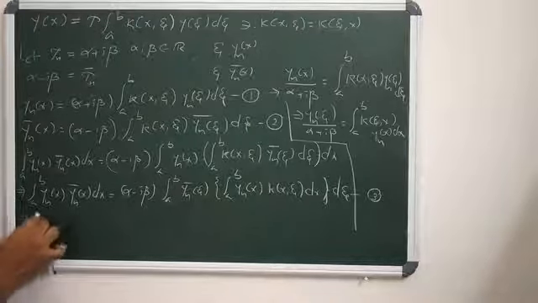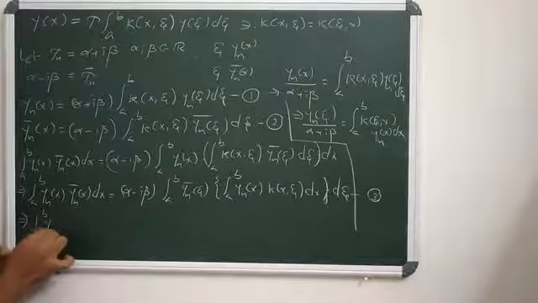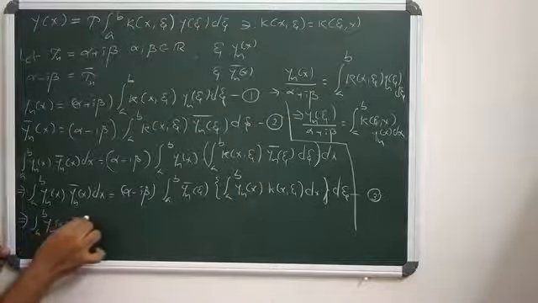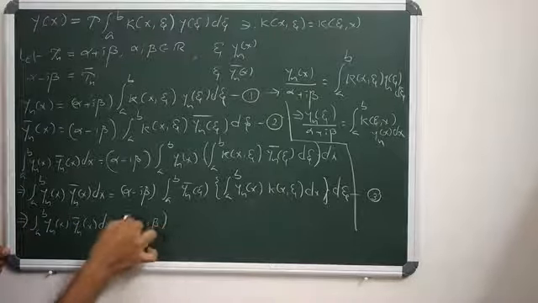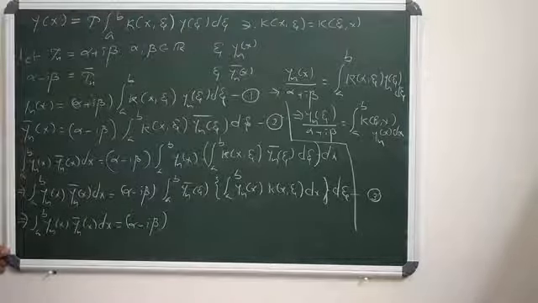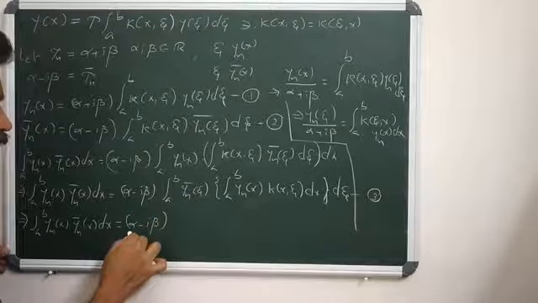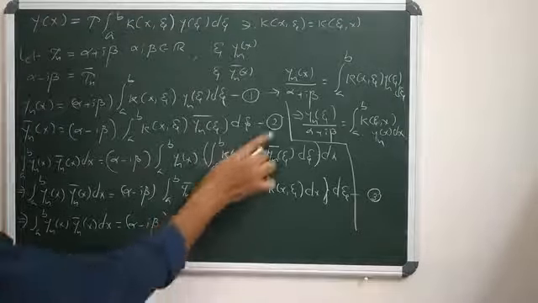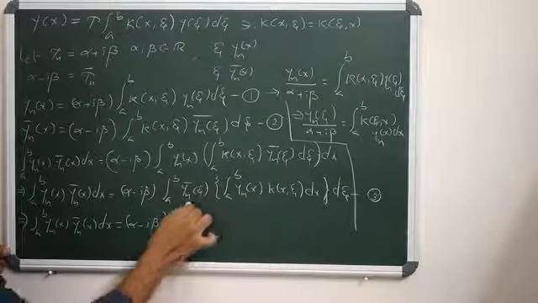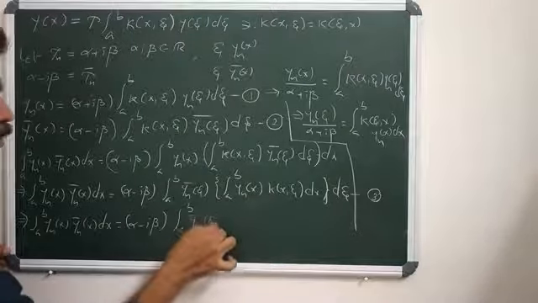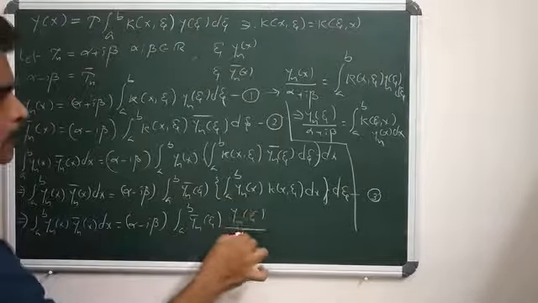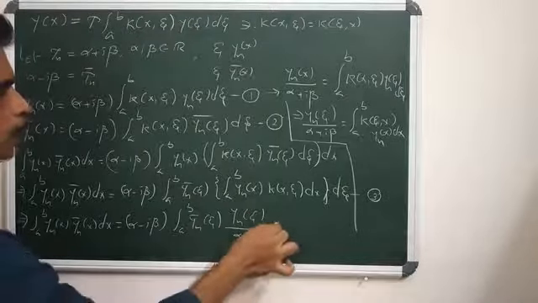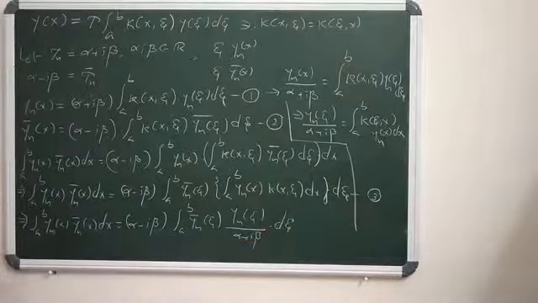So this can be rewritten as the integral from a to b of yn(x) yn bar(x) dx equals (alpha minus i beta) into, what remains, the integral from a to b of yn bar(theta) into yn(theta) by (alpha plus i beta) d theta.